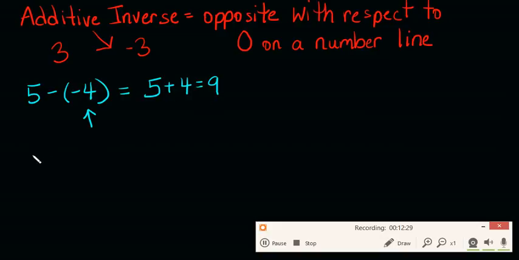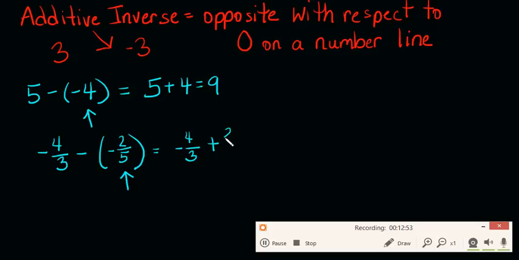So we'll do one more and show you it like in a fraction. -4 thirds, take away -2 fifths. Alright, so that would be -4 thirds, and I'm going to add the inverse of the subtrahend, and the inverse is +2 fifths. Alright, and so we can't do that.